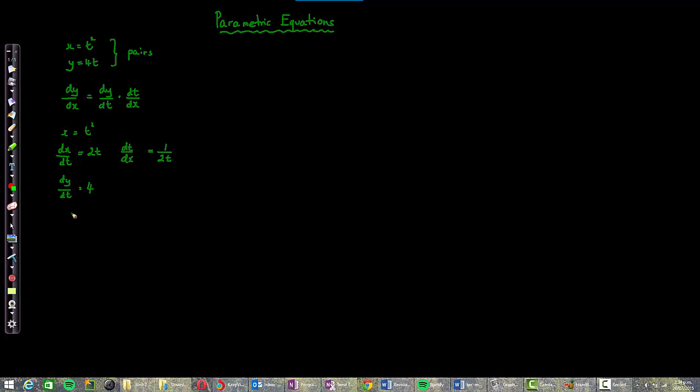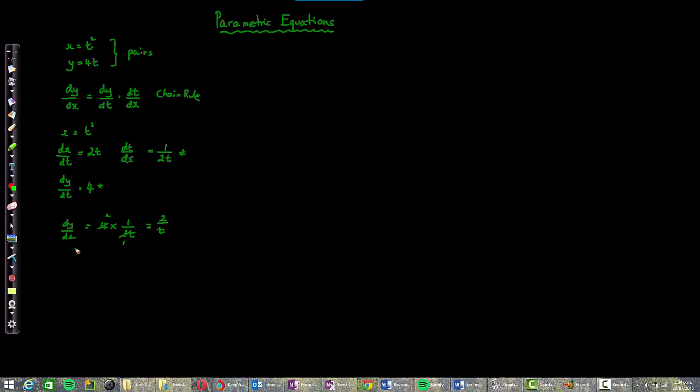So putting those two together, using the chain rule up here, we would end up multiplying this here, our dt over dx, and our dy over dt. So those two things there, so 4 times 1 over 2t. We're going to get a common factor of 2 cancelling, so our answer is 2 over t.